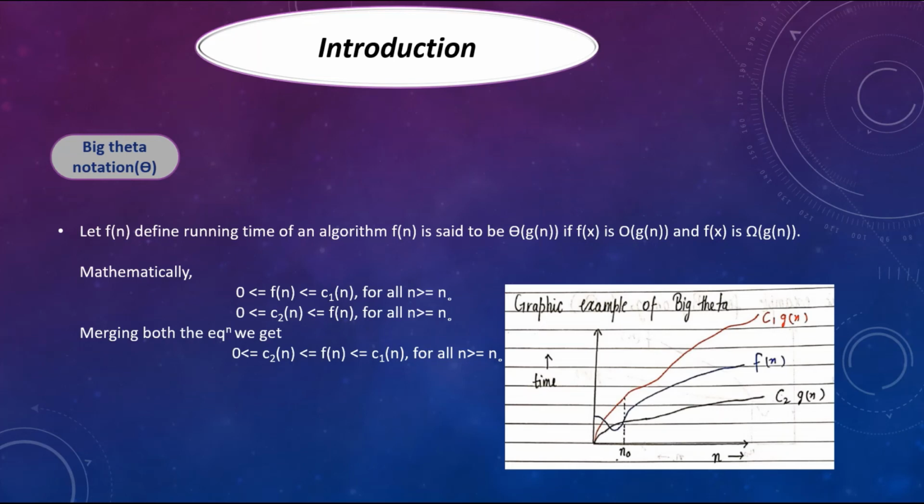We have the mathematical equations of big O notation and big omega notation, and by merging both equations we get the final equation, which shows that big theta notation lies between big omega notation and big O notation, as big O notation is the upper bound and big omega notation is the lower bound.